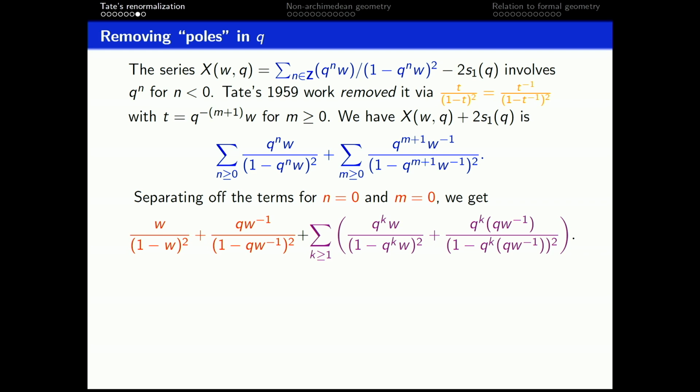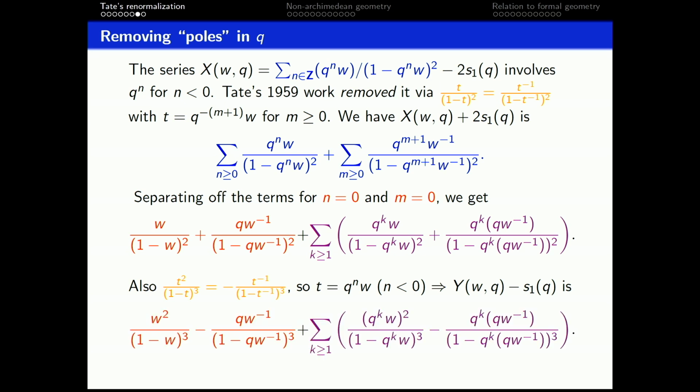And now we have W, QW inverse, and otherwise the powers of Q that show up are all positive integers over here. You can do something similar for capital Y, except this quadratic thing gets replaced with this little cubic identity. And if you do that, Y, again with a little piece modified just like here, becomes this.